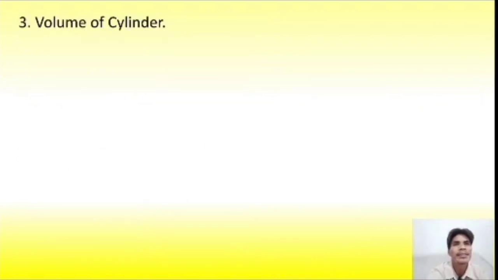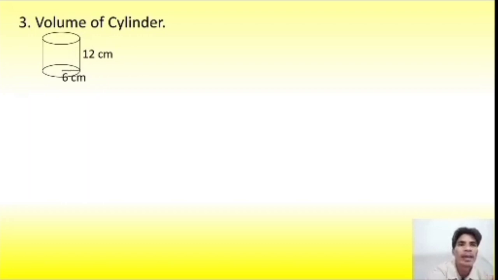So next, we have volume of cylinder. Example, the radius of a cylinder is 6 cm and the height of a cylinder is 12 cm.